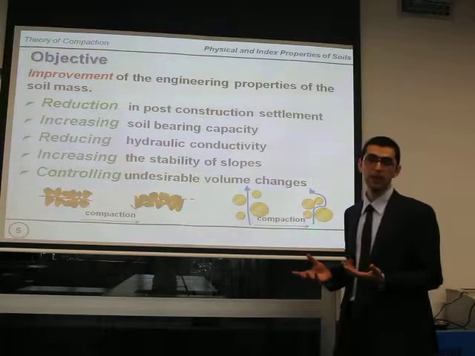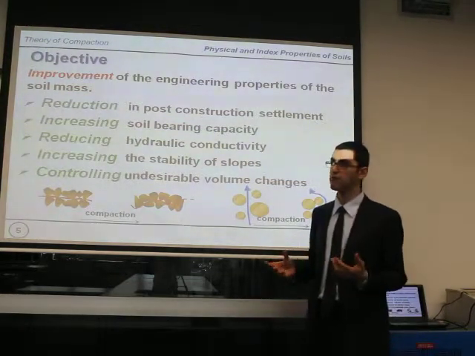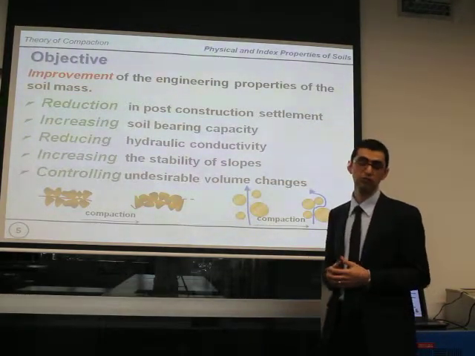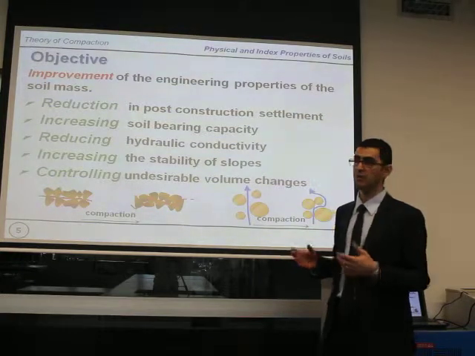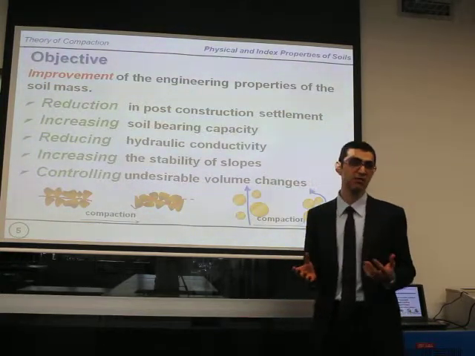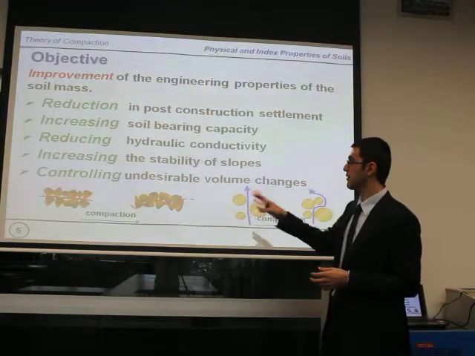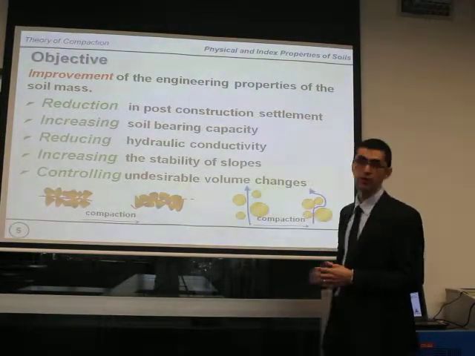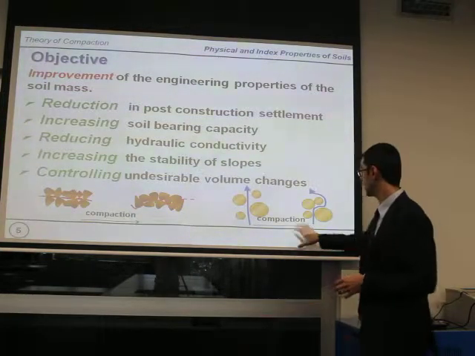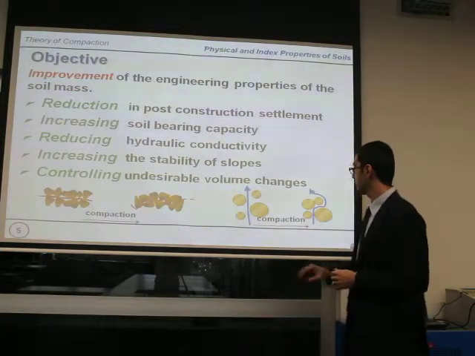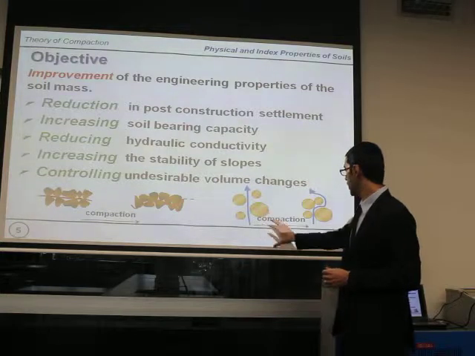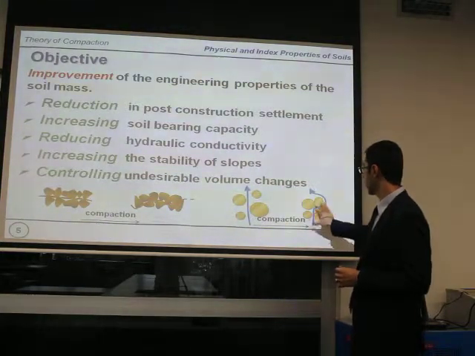As a result of compaction, we expect to have less post-construction settlement, as well as increased load-bearing capacity of a soil. At the same time, we will reduce the hydraulic conductivity of a soil, because as you can see in this figure, by doing the compaction, the volume of voids decreases.